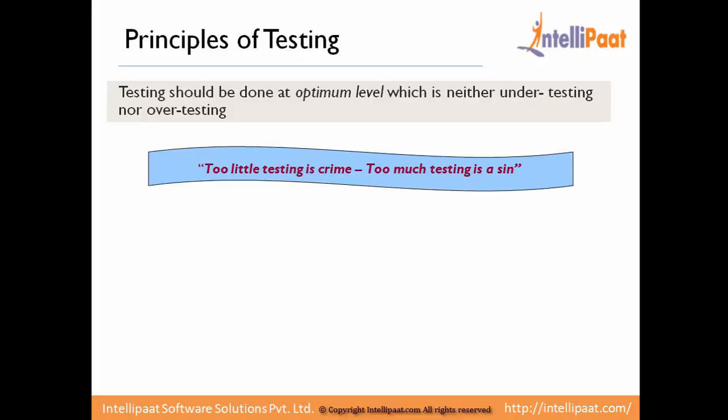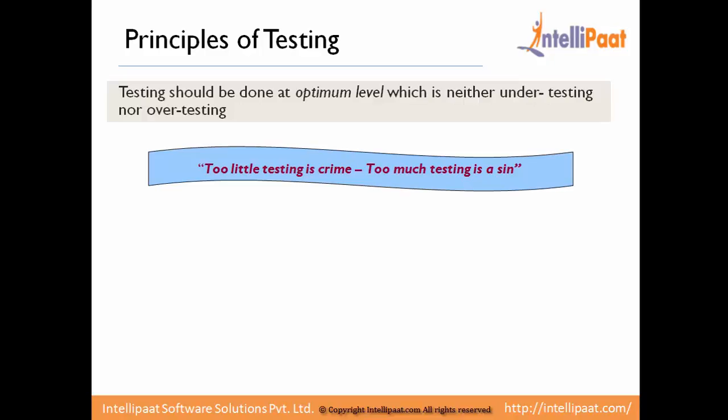The software could still be released, the software could still be used, and if you still continue to do testing and stop the software from being used, then that is basically a sin, because again there will be huge financial losses, there could be huge operational losses over there also, because there could be users who are waiting for the software to be completed so that they can use it.